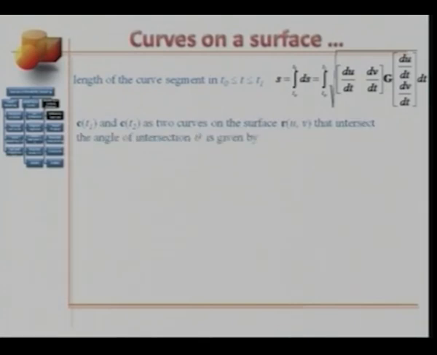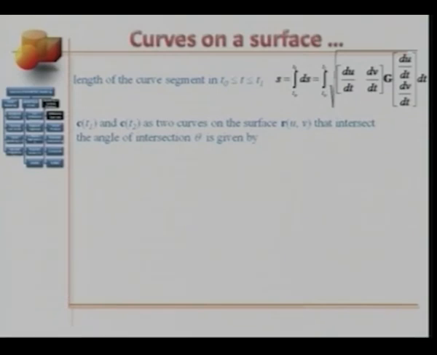Let's say we have two curves, C as a function of some parameter t sub 1 and another one, C, as a function of parameter t2, which is different from t1. And these two curves lie on the surface patch r of u and v. And let these two curves intersect at angle theta.